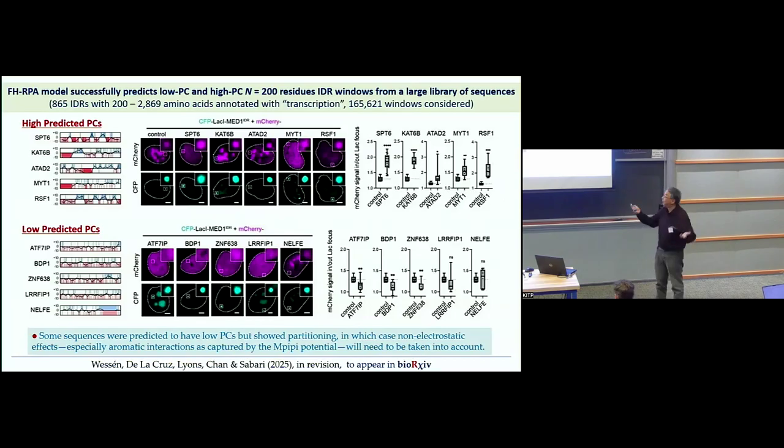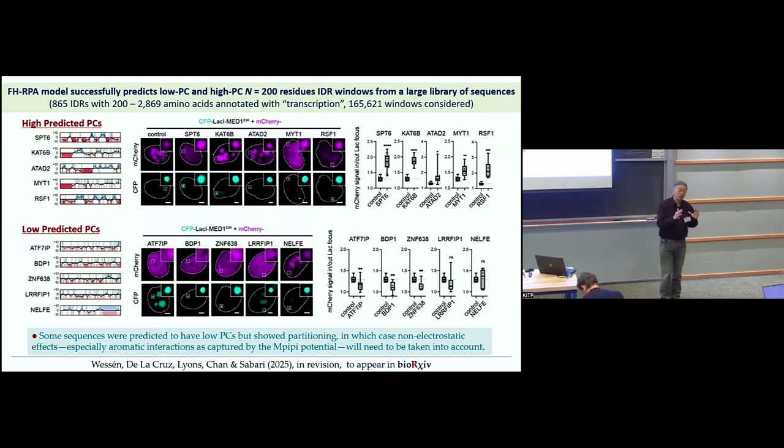We can very quickly scan through more than 160,000 200-residue windows over around 900 IDRs that Ben picked for their relevance to transcription. I don't know the experimental details, let me first confess. We picked out a few that are predicted to be high PC, and they are all confirmed by experiment. And a few predicted to be low PC are also confirmed by experiment. But there's a caveat.